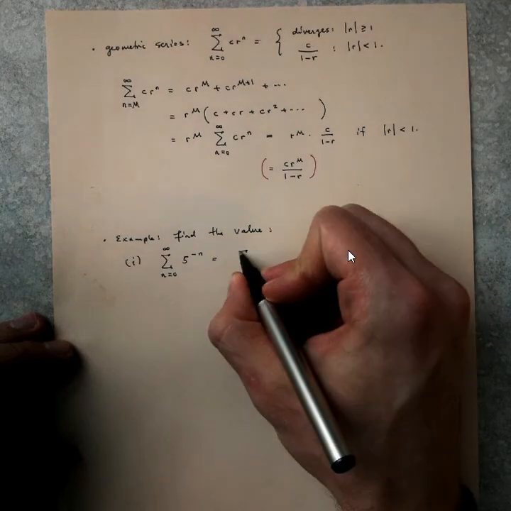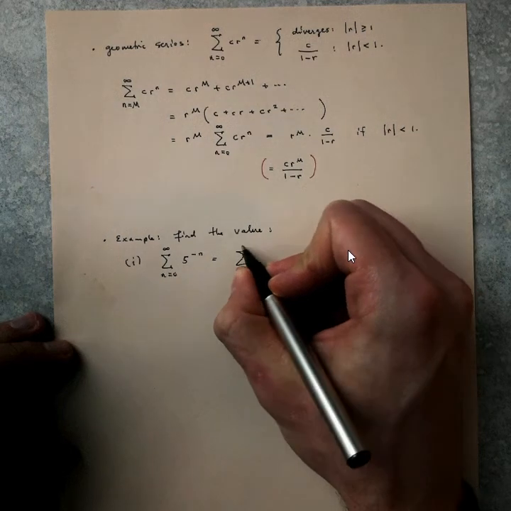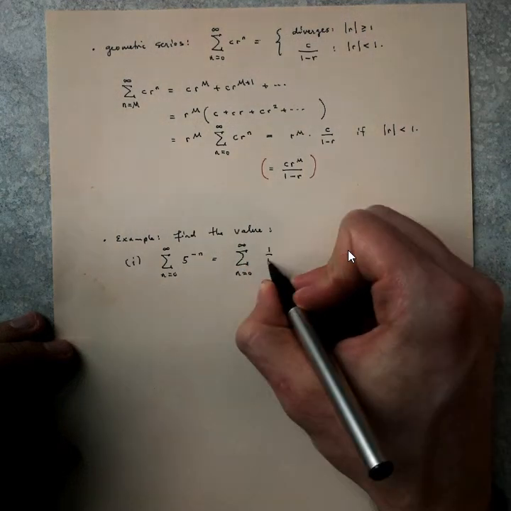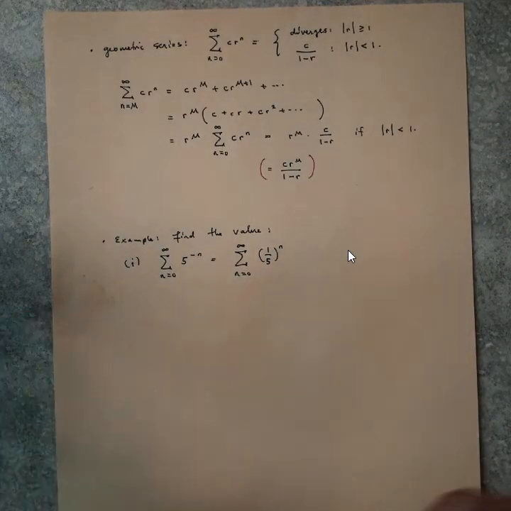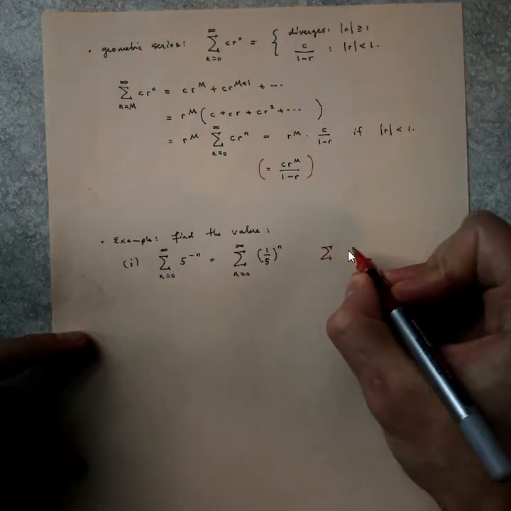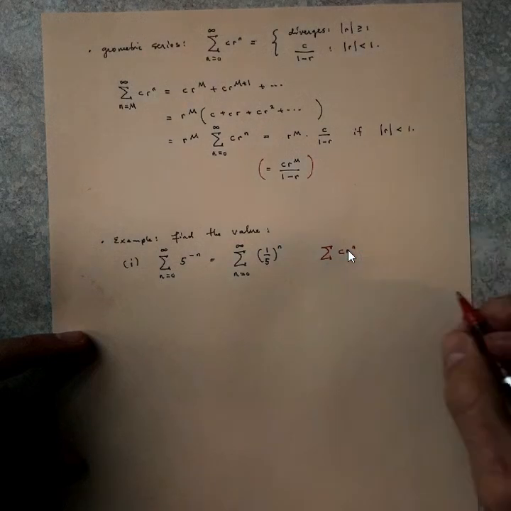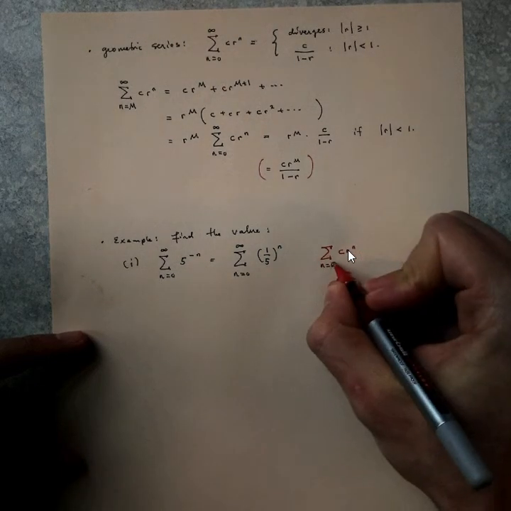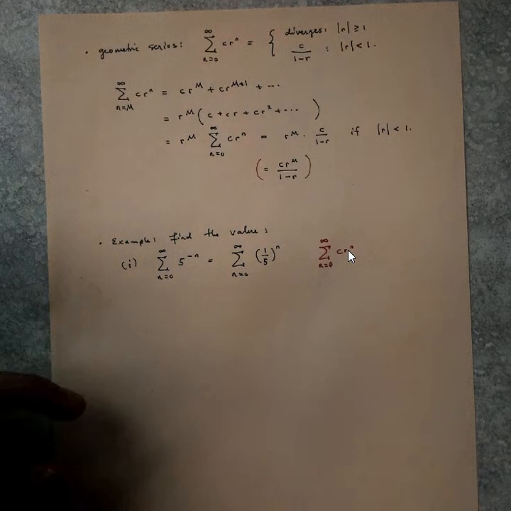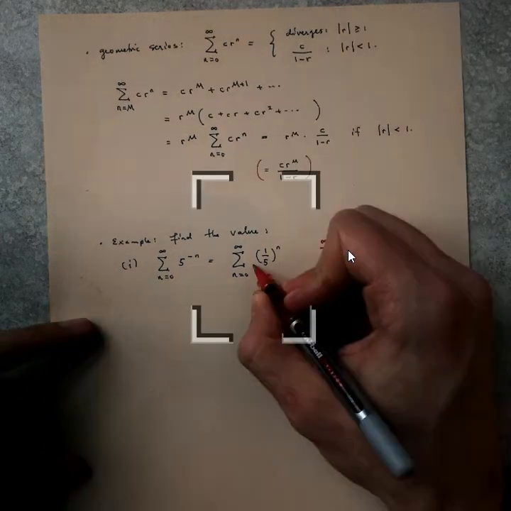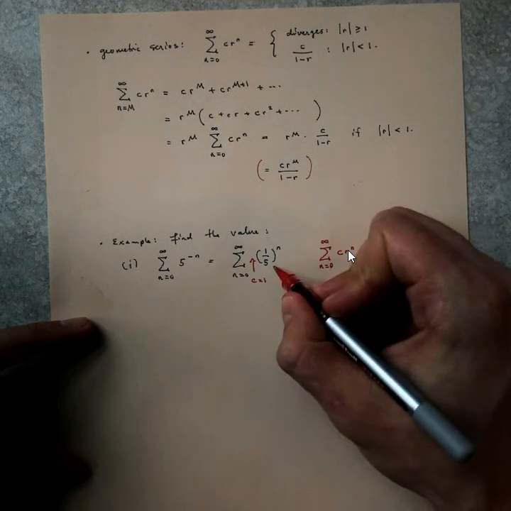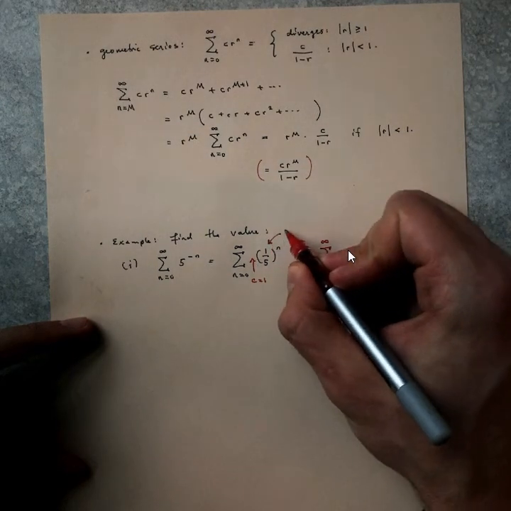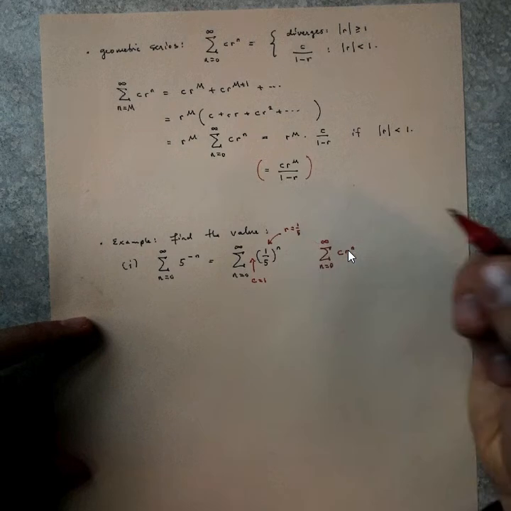Okay, this is equal to the sum from n equals 0 to infinity of (1/5) to the n. Compare this with c r to the n from n equals 0 to infinity. So you can see here that c is 1, and this value here, r, is 1/5.